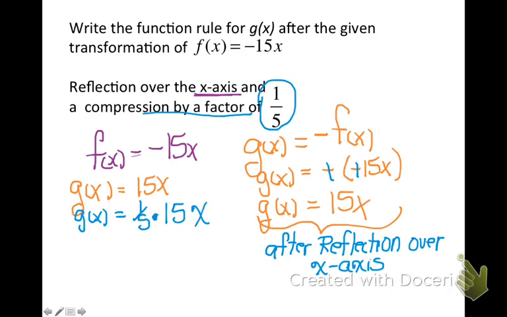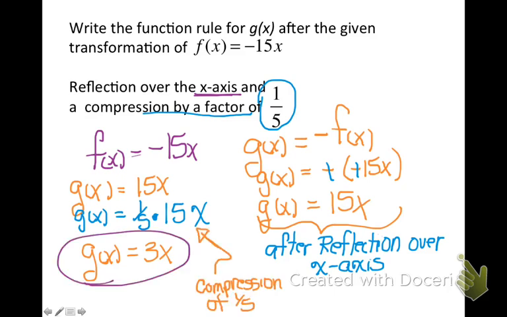So I'm going to get that g of x equals 3x. And I'm hoping you can see that this is after a reflection over the x-axis and a compression of 1/5. So that is my answer. G of x equals 3x.